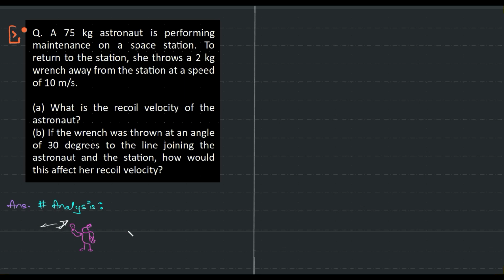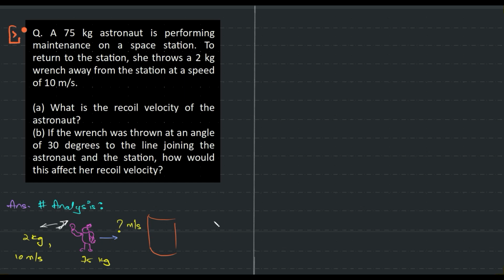She threw it, and because of that, she gets pushed back towards the space station. She herself is 75 kg with the bag and everything, and this is 2 kg thrown at a velocity of 10 meter per second. And we have to figure out what is this velocity.